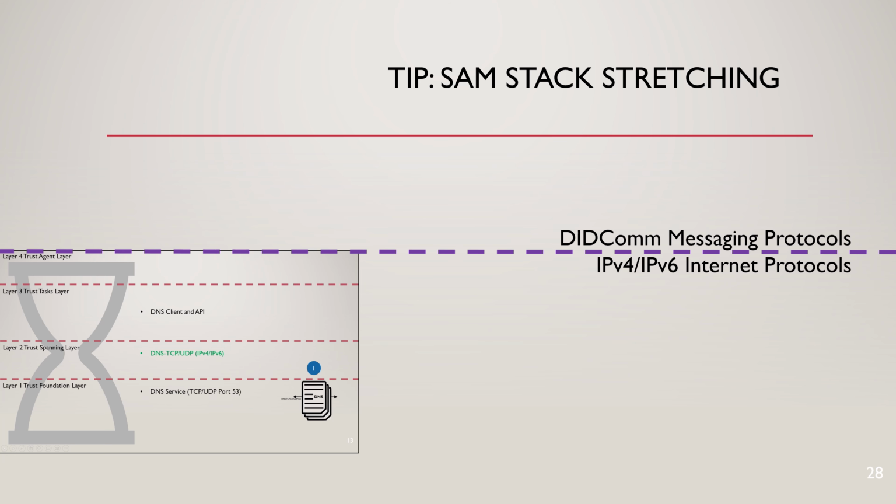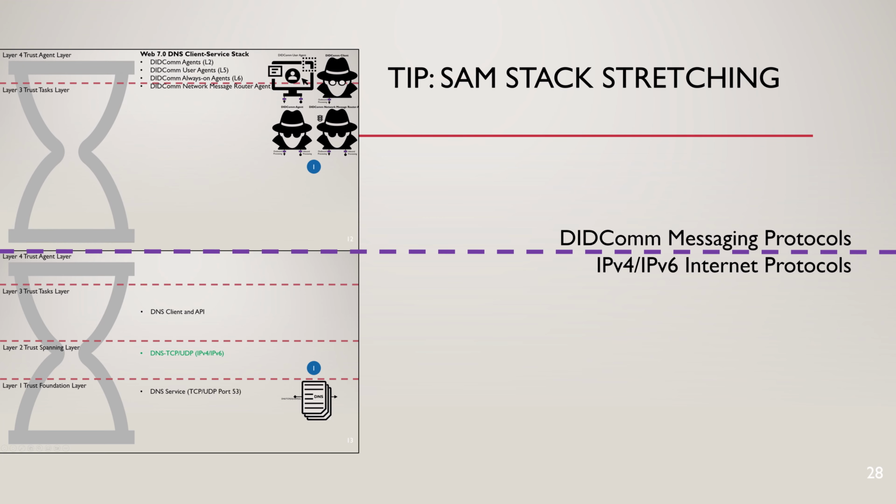And it accepts DNS over TCP, UDP, port 53. And then the top half of stack 1, we've separated that and put it above the line. Not that there's any DIDComm messaging happening in this stack, but it'll help with alignment issues later on. So we refer to this technique of splitting a single SAMstack into 2 SAMstacks as SAMstack stretching.